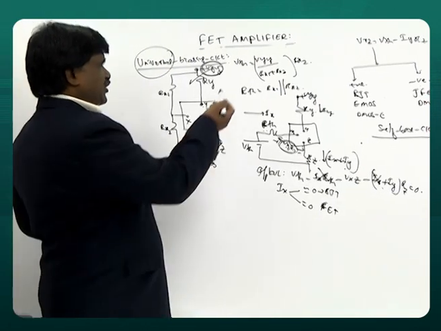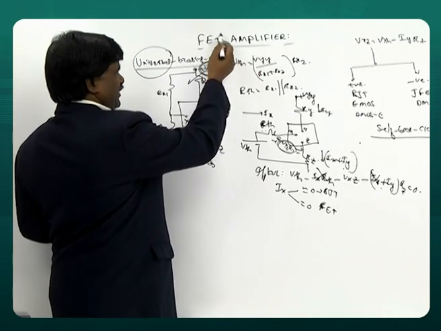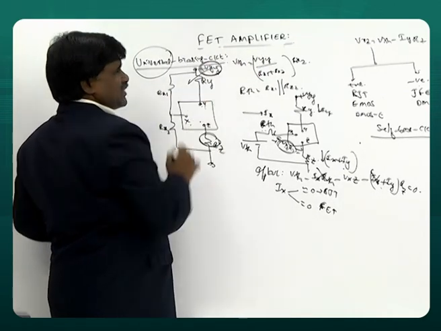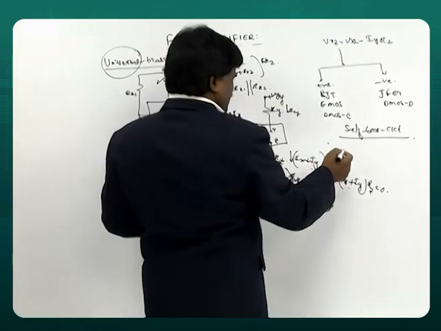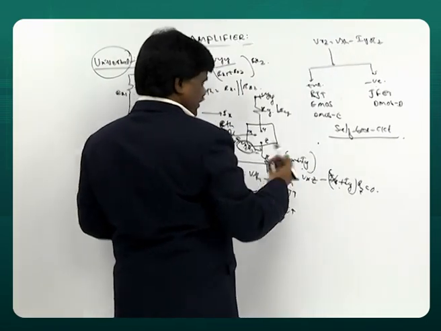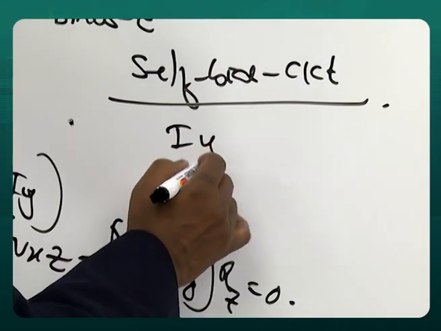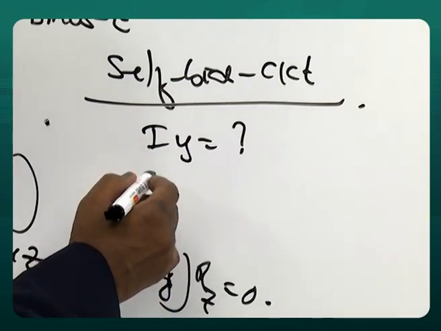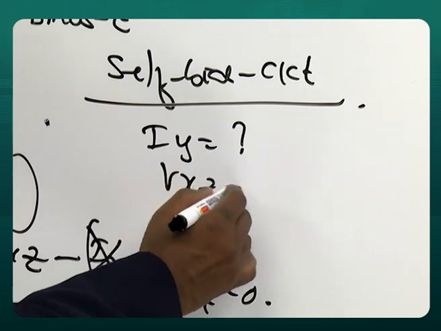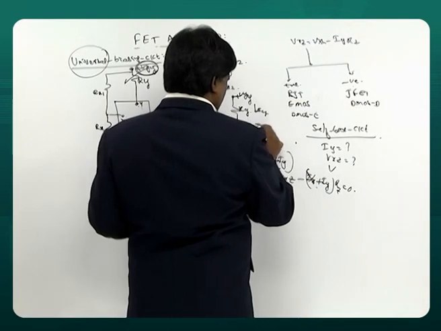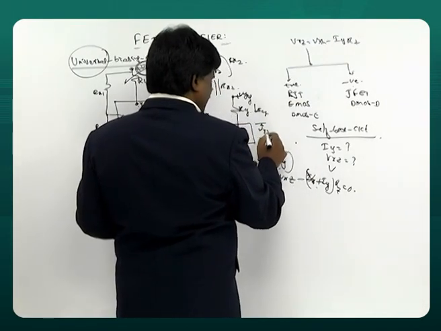So before we go into the FET amplifier, the first thing you should know is the biasing circuit. From this output equation, you can calculate output current. You can calculate IY. You can calculate VXZ. You can calculate VYZ.